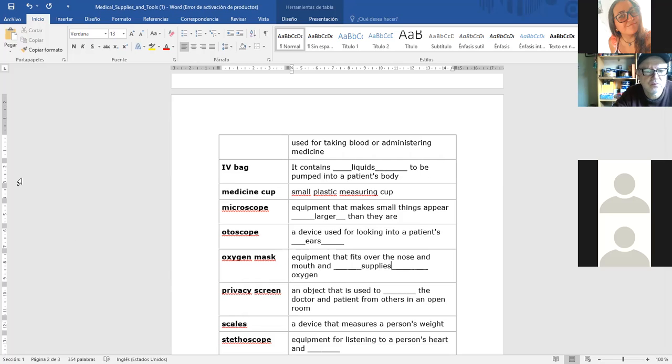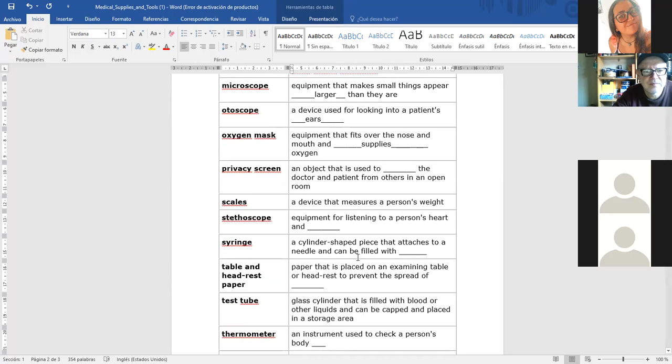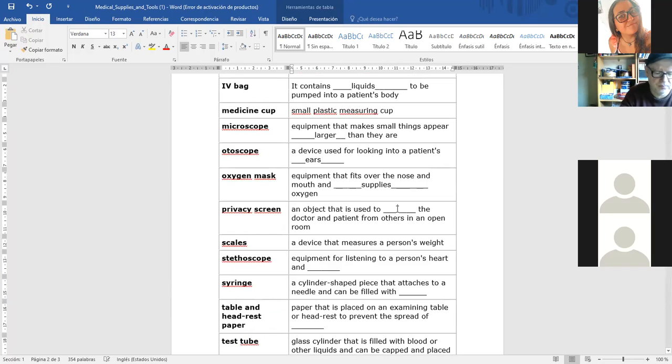Anybody? Claro, to separate. Para crear un espacio privado, ¿no es cierto? Dentro de la habitación. An object that is used to separate the doctor and patient from the other people. In Spanish you say biombo, mampara, separador de ambientes.